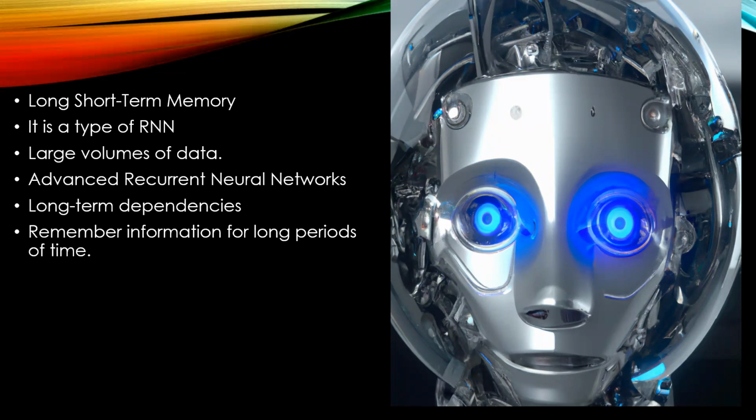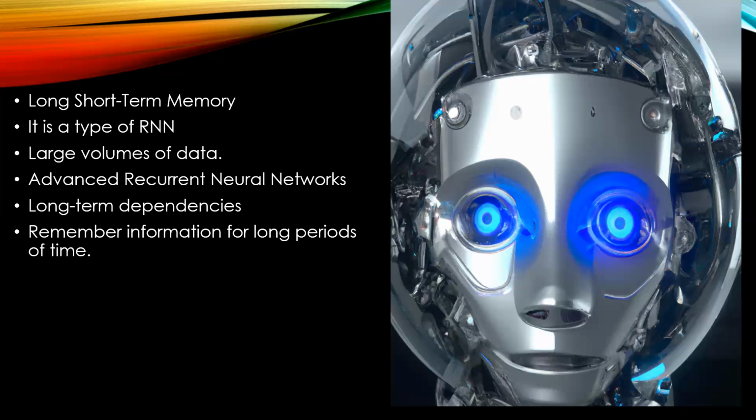It can be used to process large volumes of data. LSTMs are a part of advanced recurrent neural networks. One of the main advantages of using the LSTM is that it can handle long-term dependencies. Further, LSTM has a remarkable ability to remember information for long periods of time.